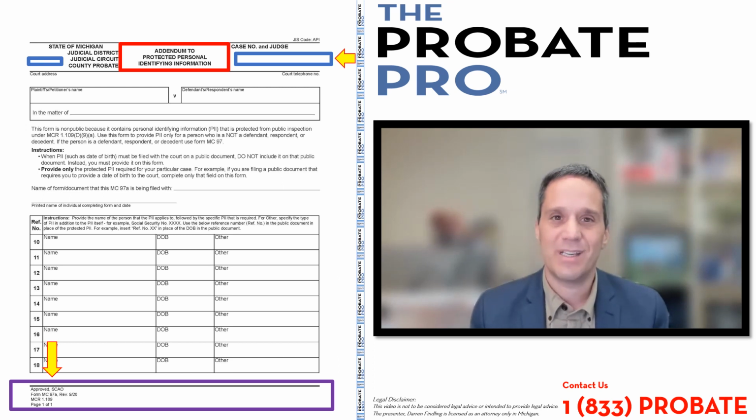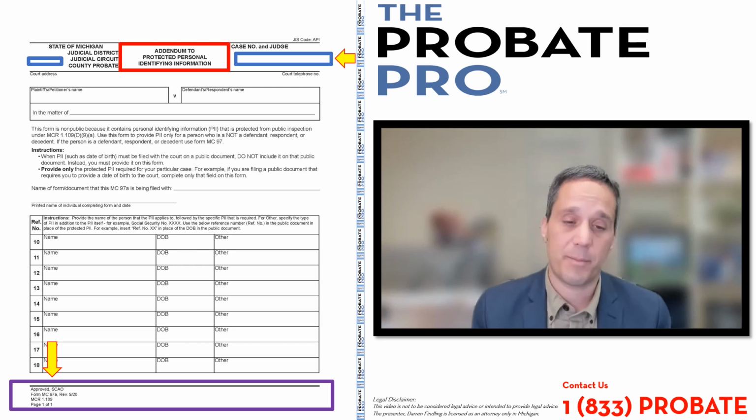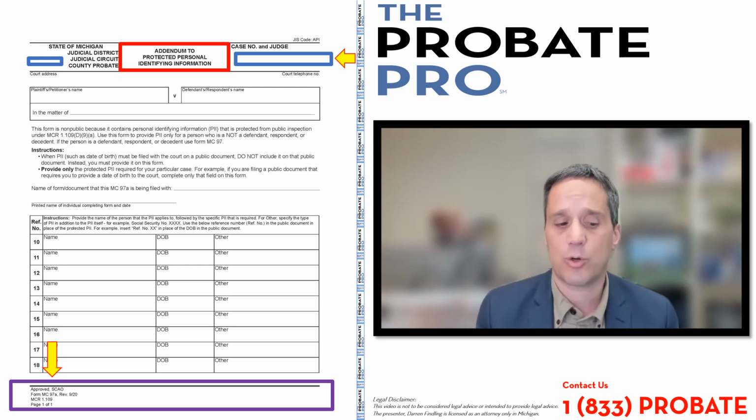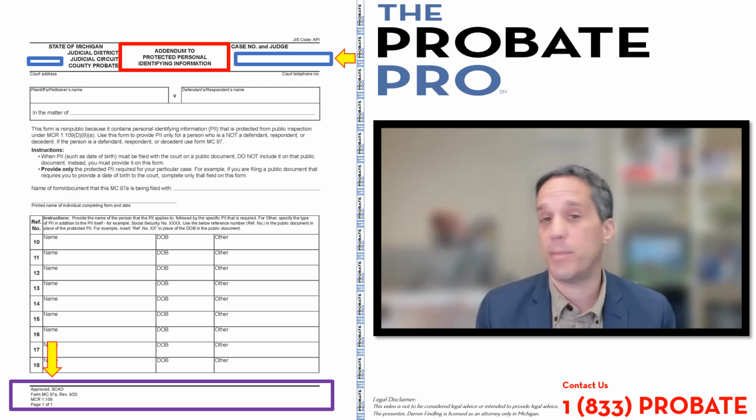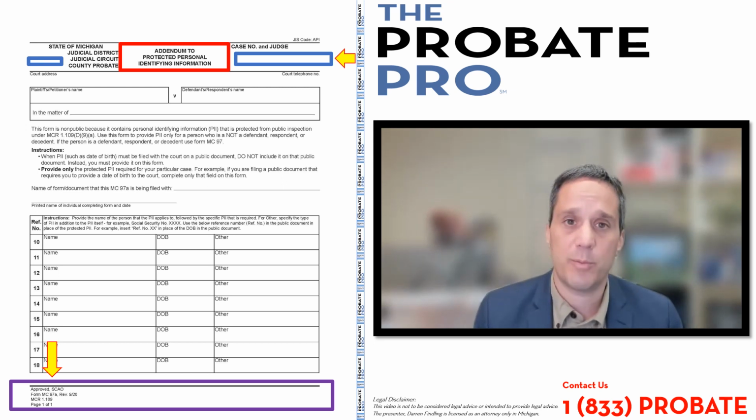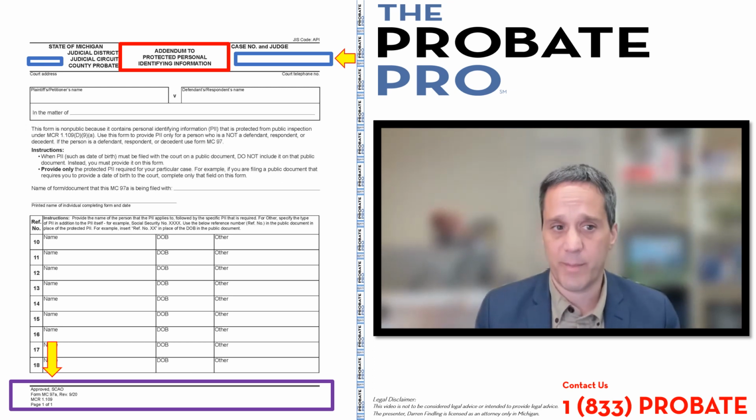This just helps secure the information, because in the past, before this court rule went into effect, the information was widely available for anybody to find and potentially abuse by doing a simple search on the computer or going to the court and getting the information.